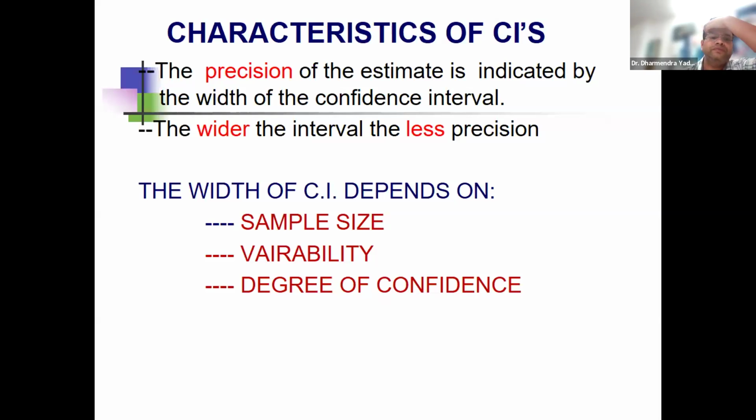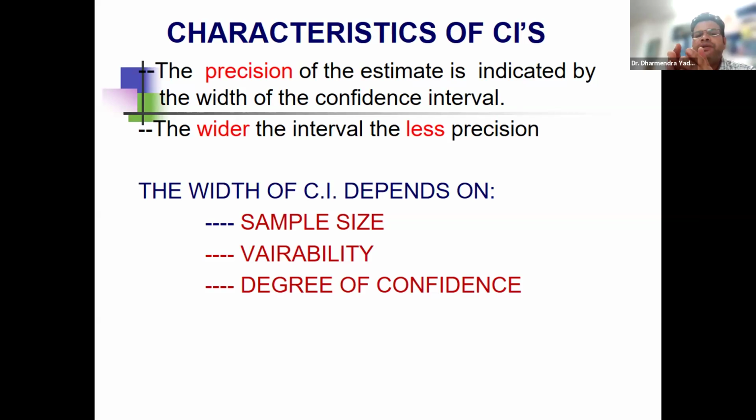So what are the characteristics of confidence interval? The precision of the estimate is indicated by the width of the confidence interval. Width means, if the range is 20 to 25, the width will be 5, the difference between the upper limit and lower limit.